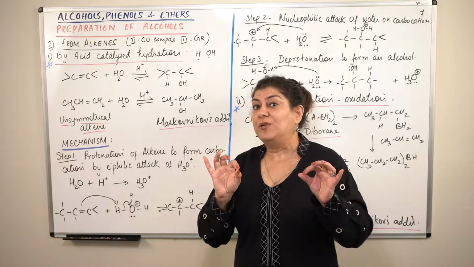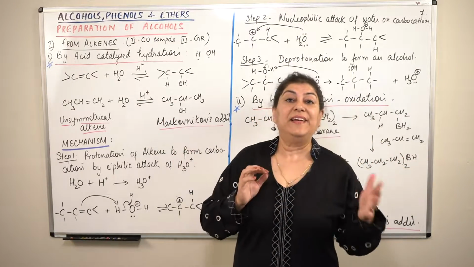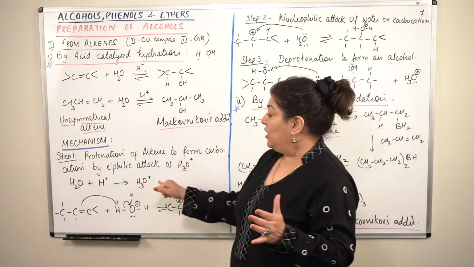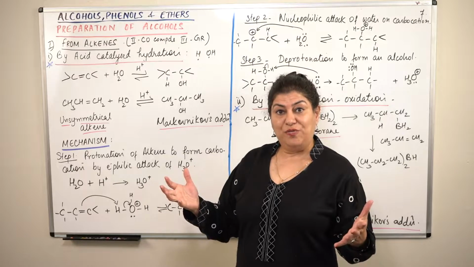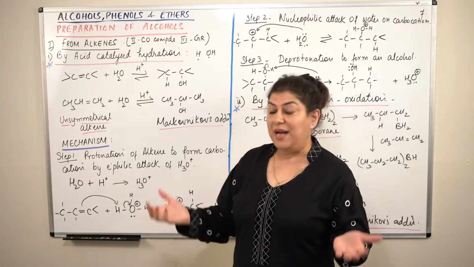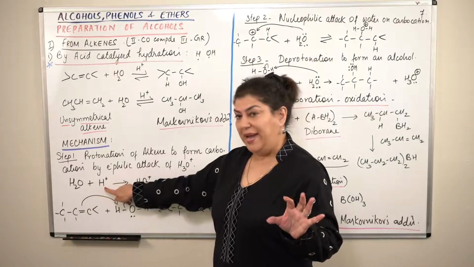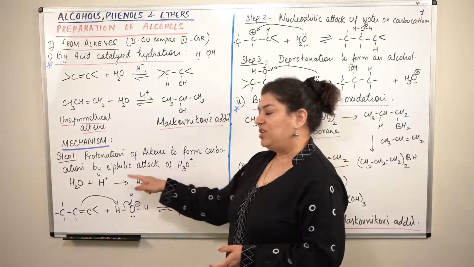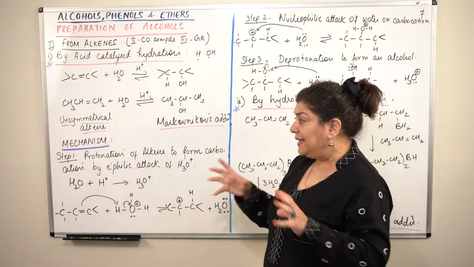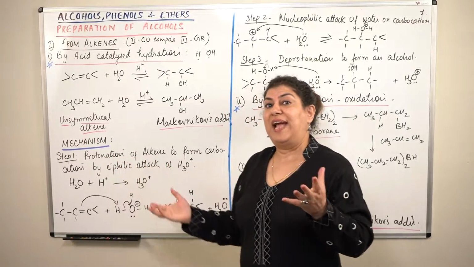This H3O positive ion becomes the source of proton, not the acid directly. So first the electrophile is created. And what is the electrophile? The electrophile is a hydronium ion. So H positive gets attached to a water molecule and forms a hydronium ion.